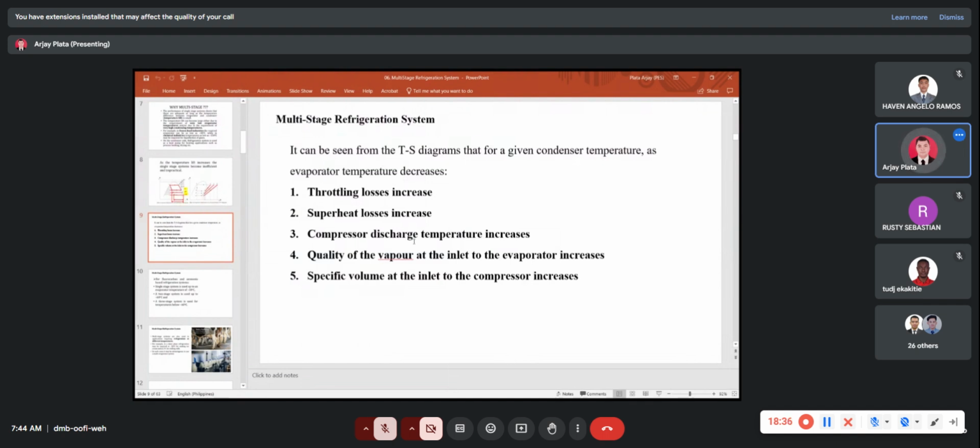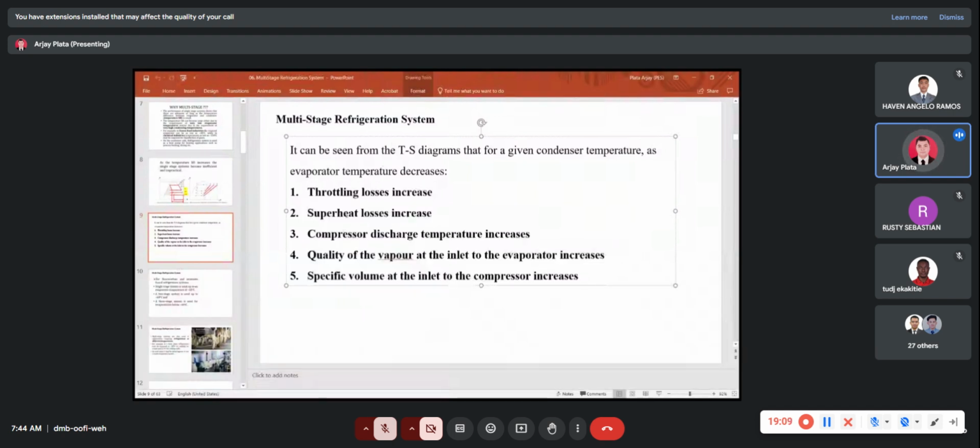So these are the effects when the evaporator temperature decreases. For example, from 0 to negative 150, these are the possible effects when we still use the single stage compression cycle system.